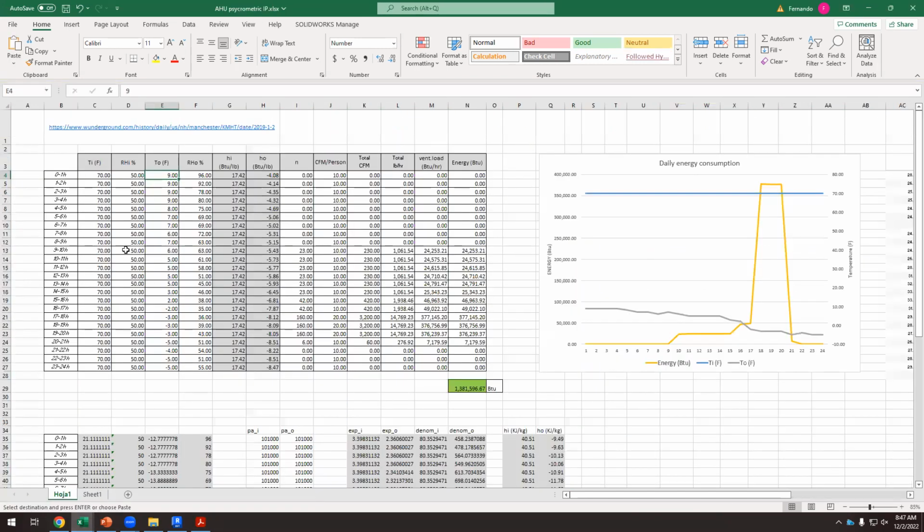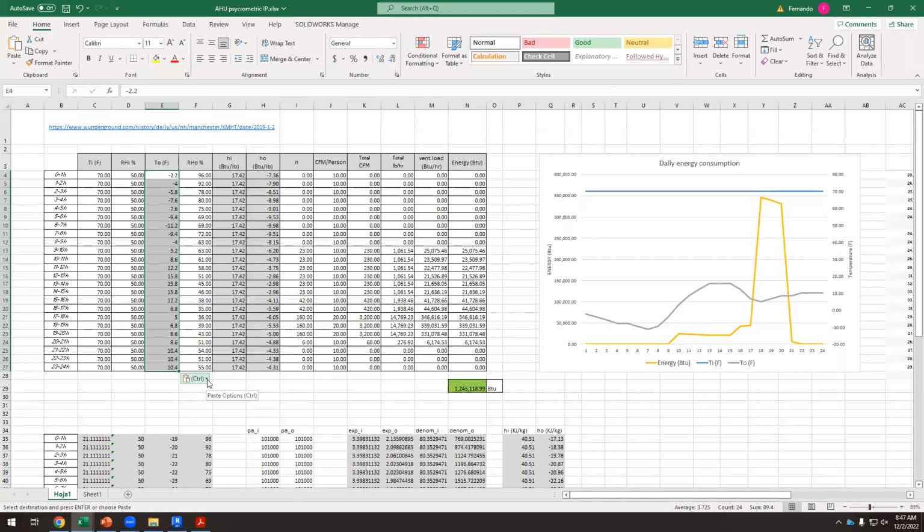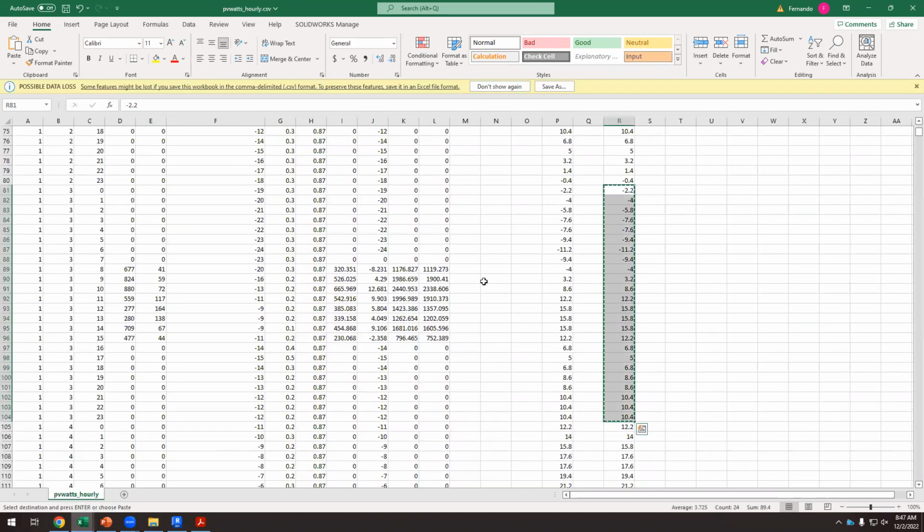And now I go back to this cell and the outdoor temperature in Fahrenheit is that. Okay, you can find these values from different sources. I found this PV watts, and I think it's good because I have an Excel file and I don't have to type all the values, because from the website I couldn't select the columns and type it directly.